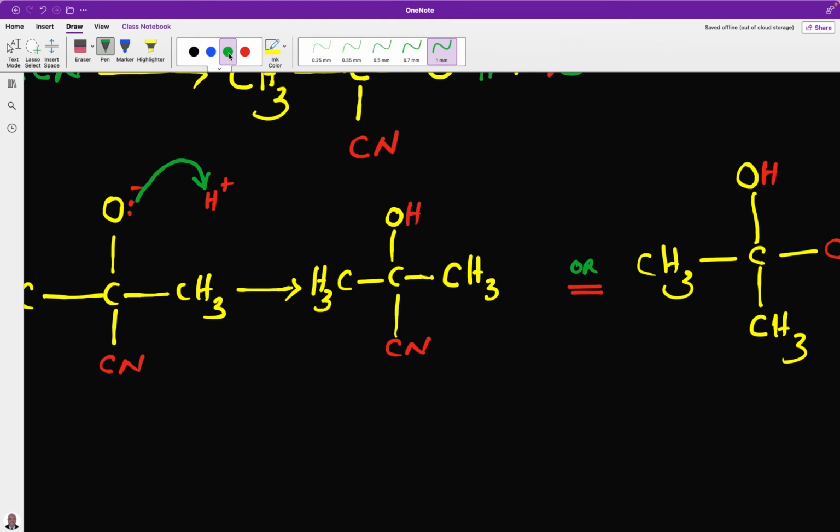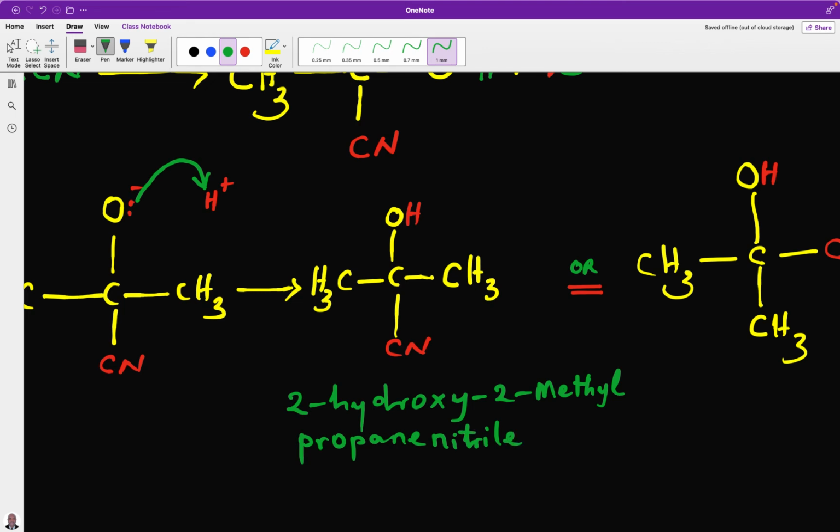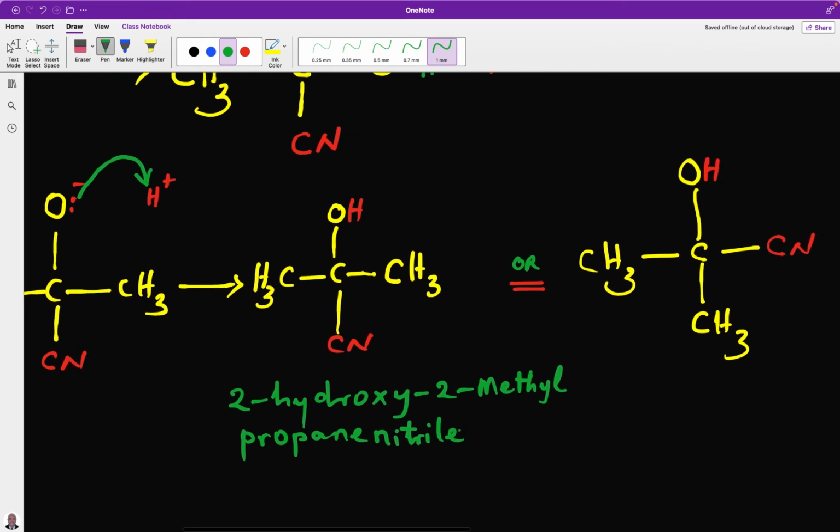So we can call this compound 2-hydroxy-2-methyl propane nitrile. That is, this is a carbon atom.